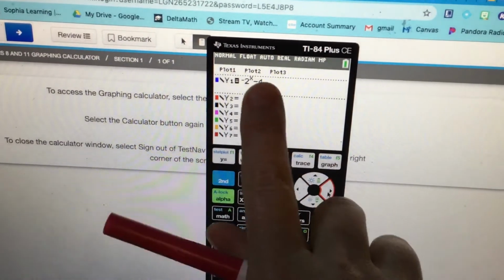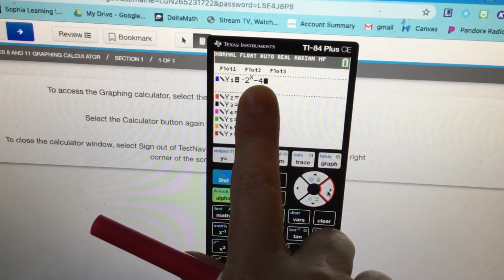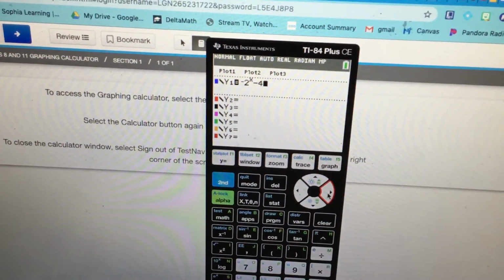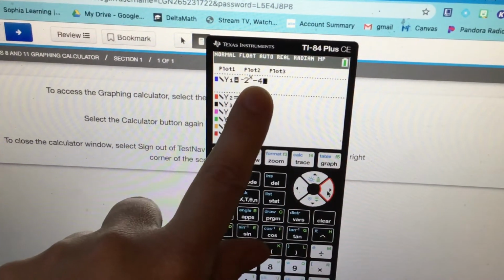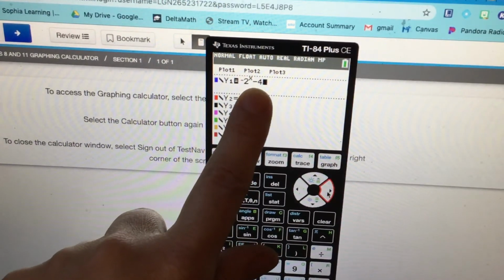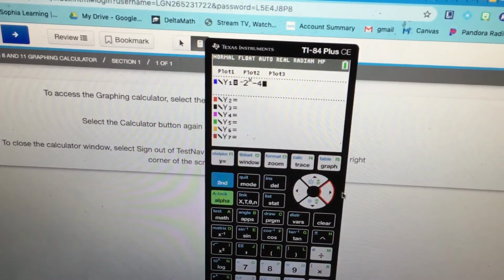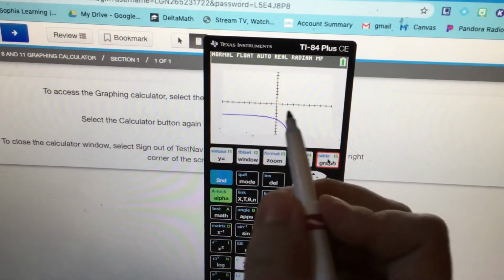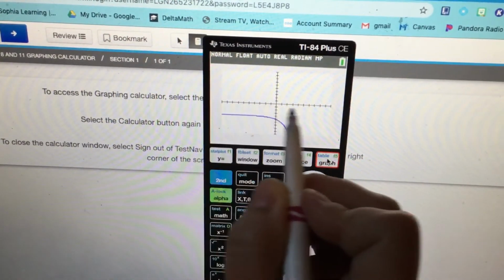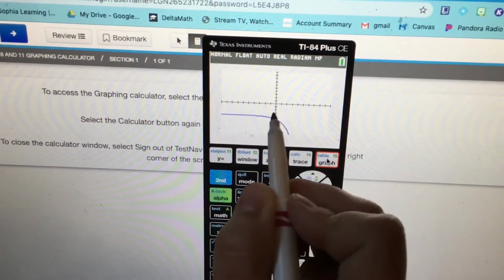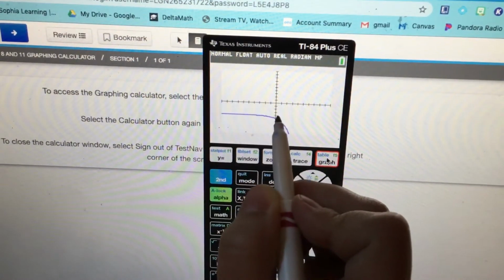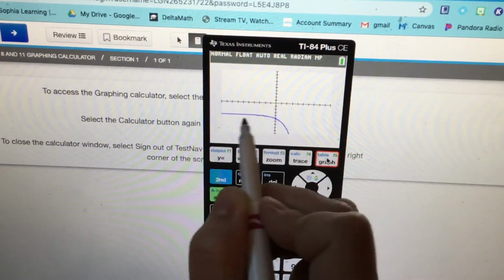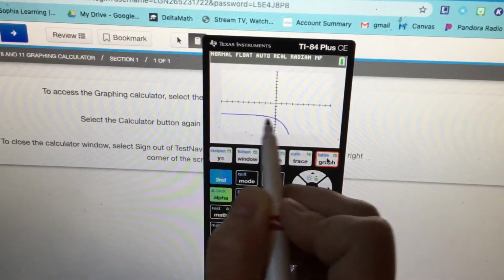Now, because this has a plus or a minus in the back, that asymptote is going to be moving, and it's going to be moving down 4. Let's look. All right, so I know that normally the asymptote is right here on the x-axis, but if it's moving down 4, then it's going to be down here at y equals -4.